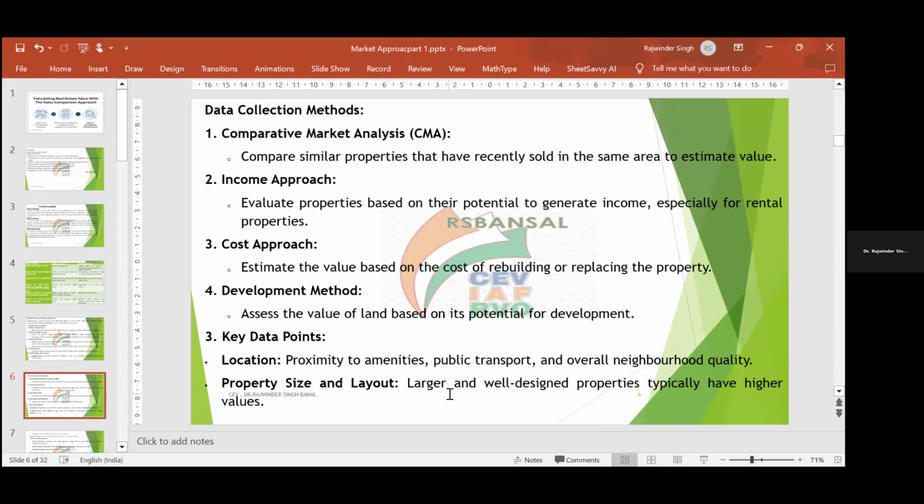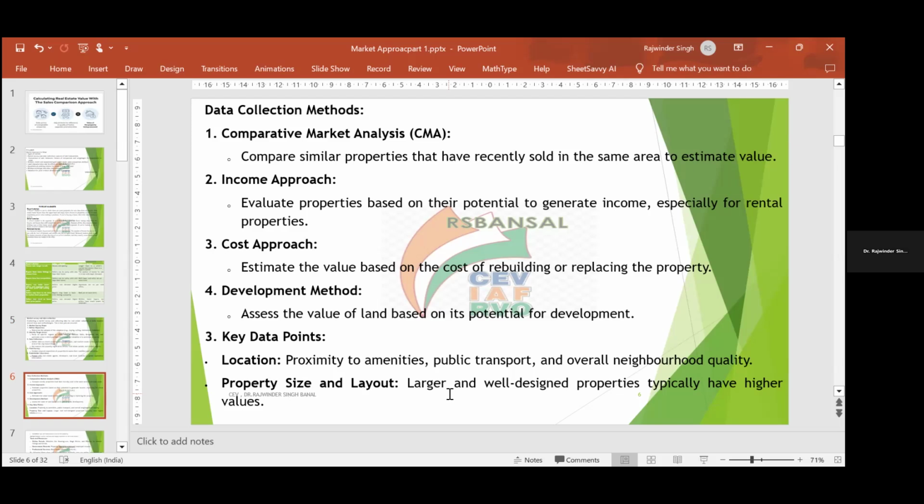Then, what are the methods of data collection? First is comparative market analysis. Compare the similar properties that have recently been sold in the same area to estimate the value. Comparable data should be taken of similar properties in the vicinity of the property of which you have to do the valuation.